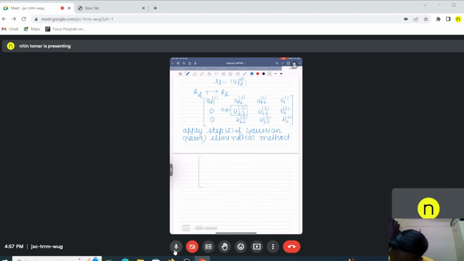Okay, once again, now if you apply Gaussian elimination, this row will be unchanged, correct? The first row will not change, this will become 0, this will become 0, this will become 0, correct? Now here you will have something, like let's say A22, this row will also be unchanged, right?